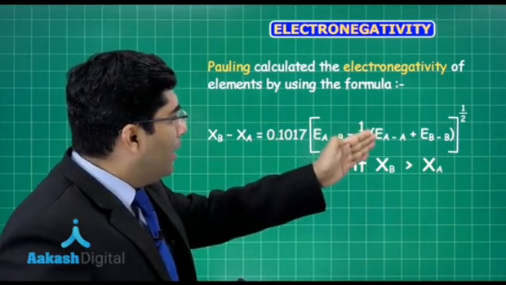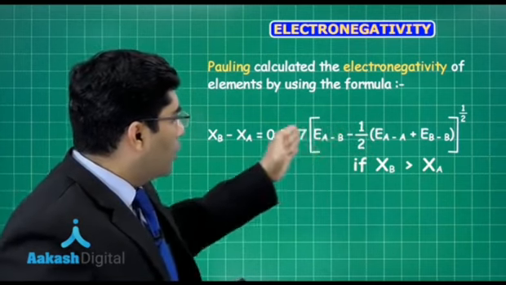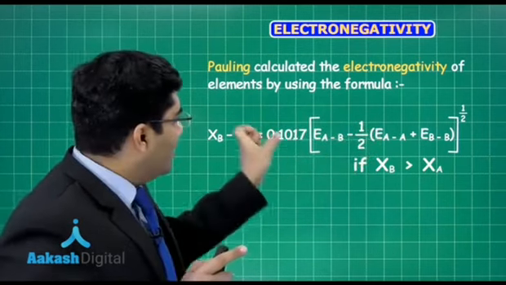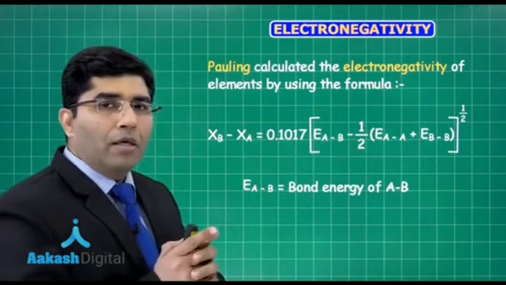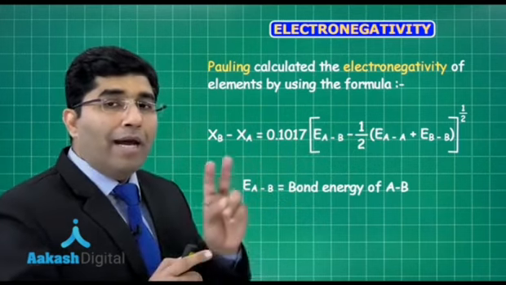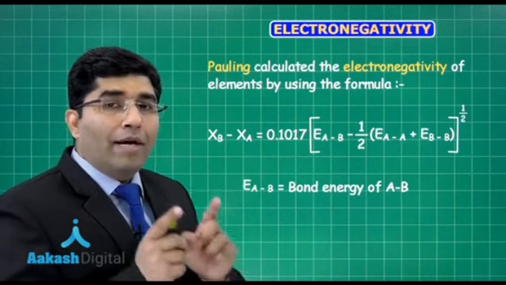Now what is that EAB? EAB is the bond energy of AB. We are talking about a diatomic covalent compound and that is AB.